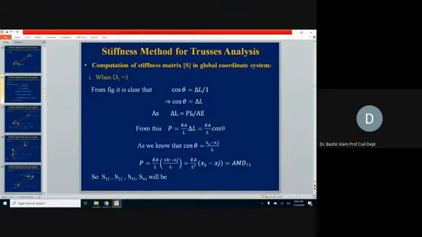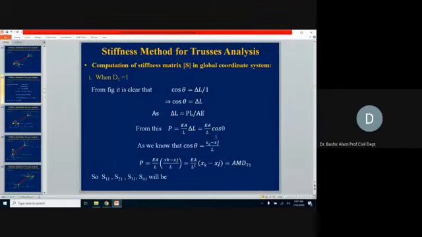Now from this equation, how much force will be produced? P will be equal to EA divided by L times delta L. And delta L we have, which is equal to cos theta. So instead of delta L in the above equation, we put EA divided by L times cos theta.